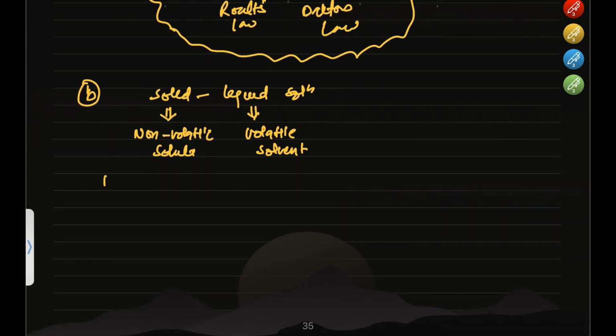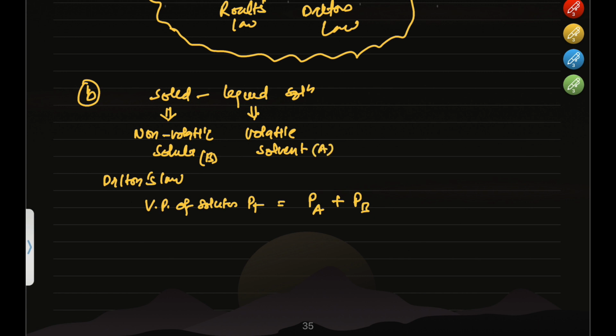then from Dalton's law, vapor pressure of solution, the P total is equal to partial pressure of the component A plus partial pressure of the component B. Here the solute is the component B and solvent is the component A. So the solute is non-volatile, that is component B is non-volatile. This will produce no vapor and constitute no vapor pressure.